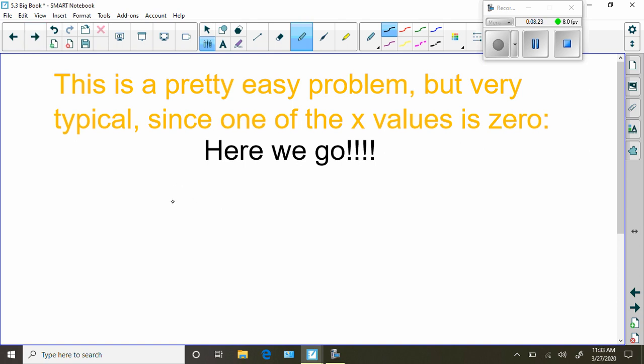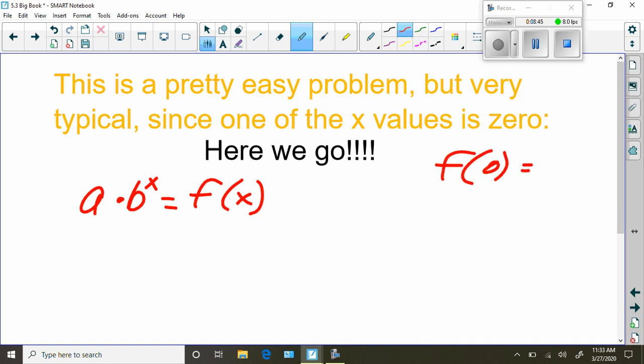So here's our function. A times b to the x, but this time I'm going to write it as equals f of x, okay? Oh no, I moved the f of x on the other side. Big deal. Okay, so let's plug in f of 0 equals 3.